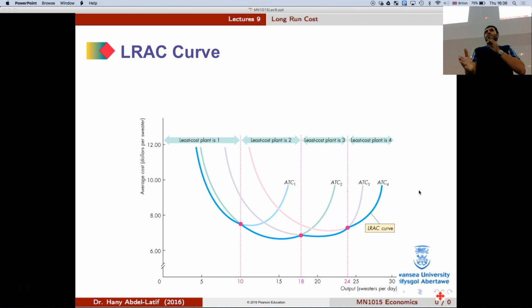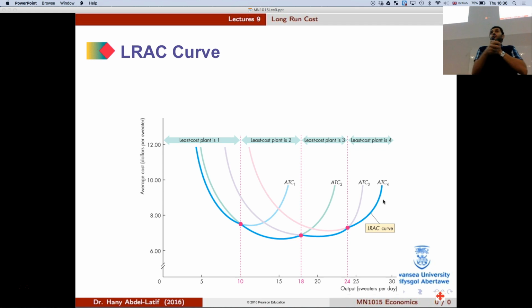As you increase output level, moving in this direction, you'll see this blue line here, the highlighted one, the long run average cost curve, is just declining. At some point, after this point, as you increase output, what happens to the average cost in the long run? It increases. So it takes a very similar shape, like this U-shaped curve. Okay? But it's important to understand how we derive this one.